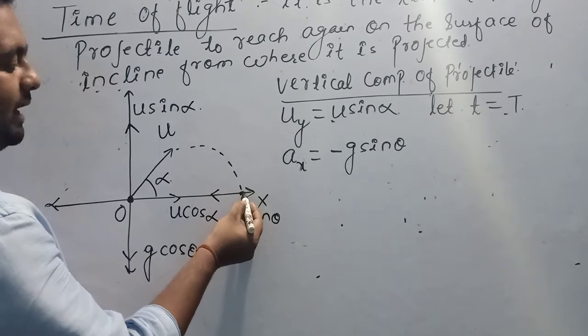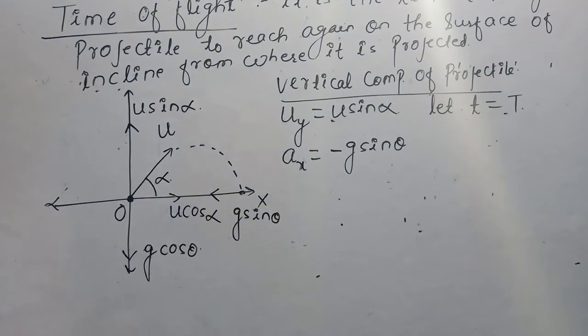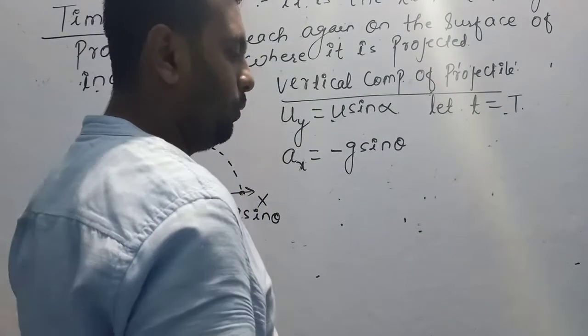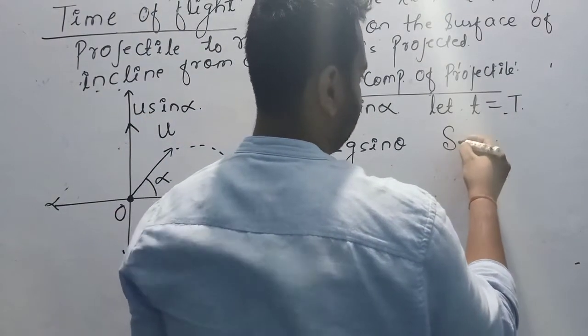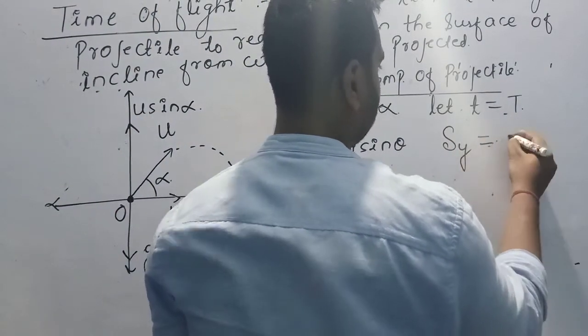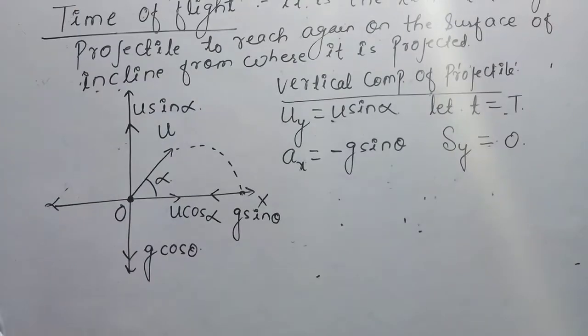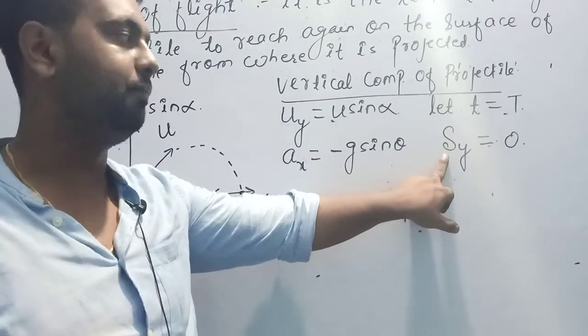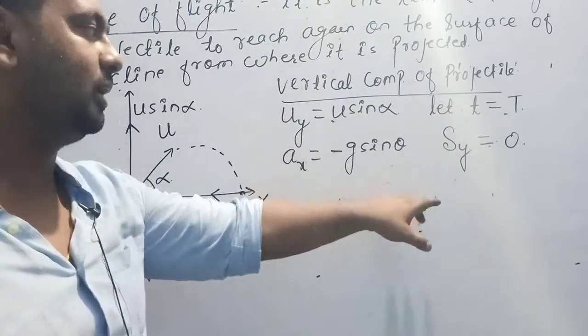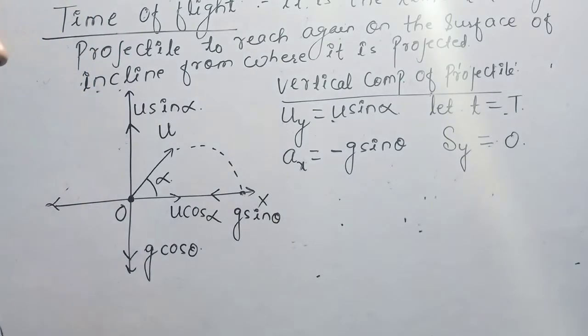The y coordinate of this point will become 0. The displacement of the y component will be 0. The same concept was used to calculate time of flight when the projectile was projected from ground.